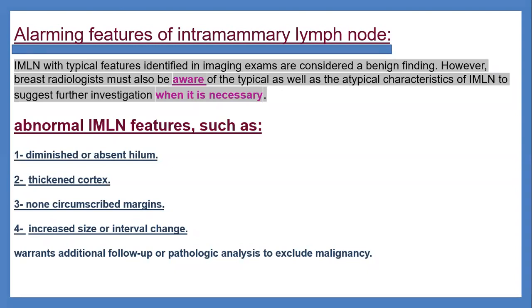What are the differential diagnoses if it is benign? What are the causes for benign enlargement of the axillary lymph node?